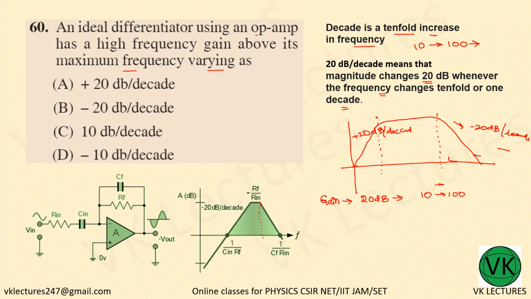This is the meaning of 20 decibel per decade. Now here the option is option A, 20 decibel per decade. This is when it is decreasing, this is when it increases.